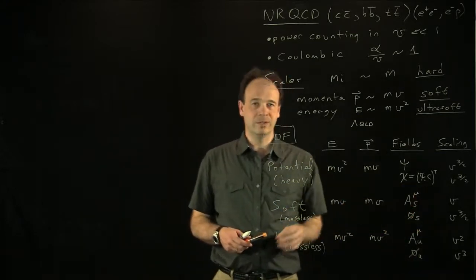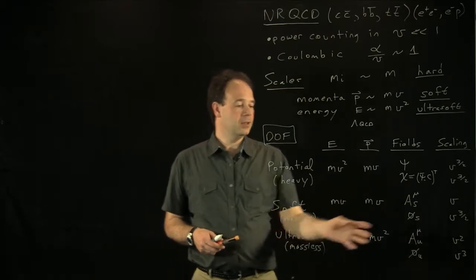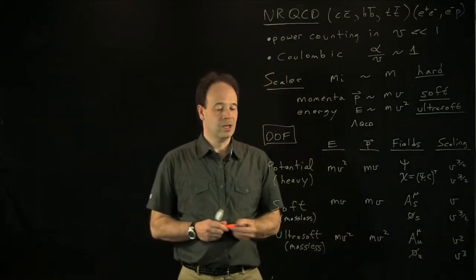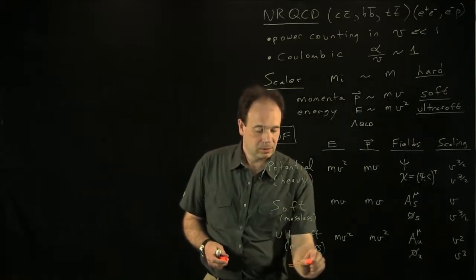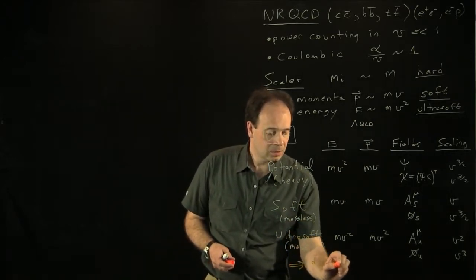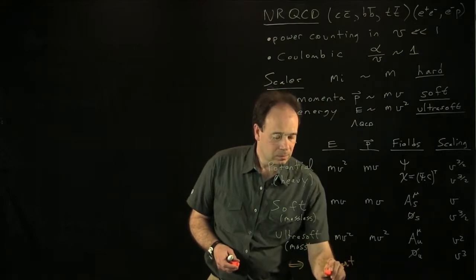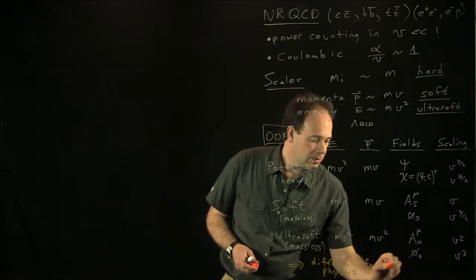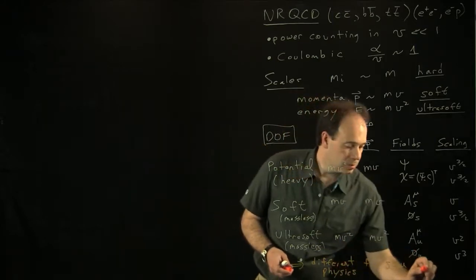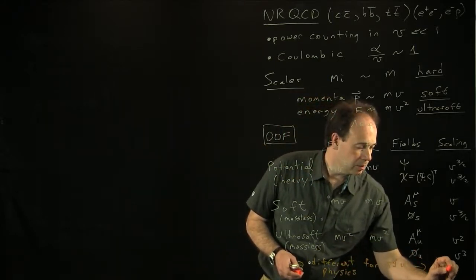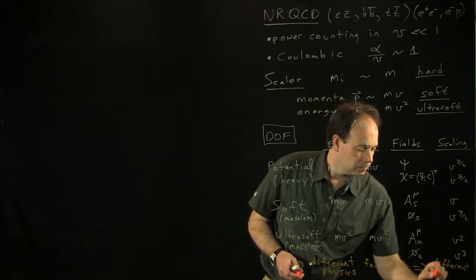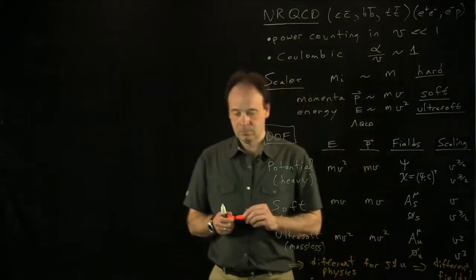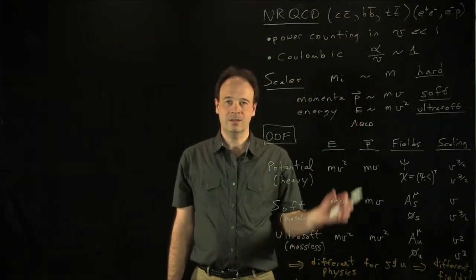The soft fields are actually responsible for binding effects, and the ultrasoft ones are responsible for radiation effects. So different physics. For S and U means different fields are needed. OK, so these are the fields.